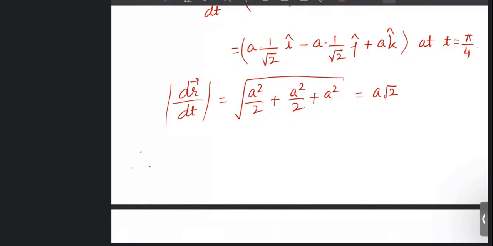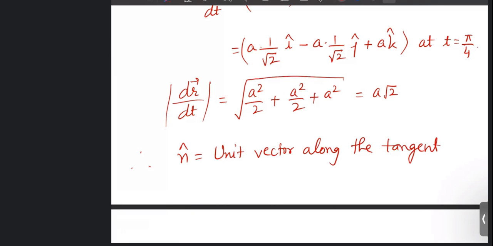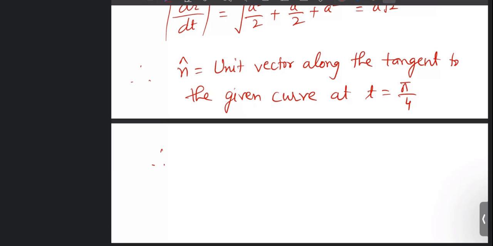Then the unit vector, let it be n, that is the unit vector along the tangent to the given curve at t equal to π/4.